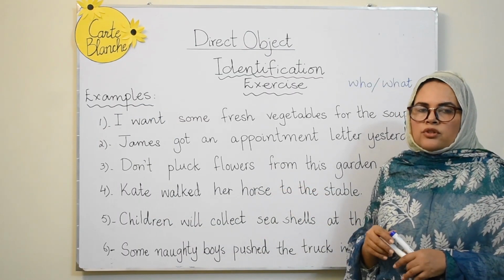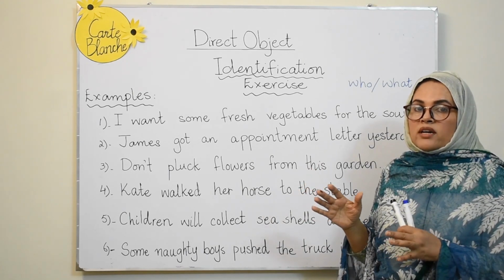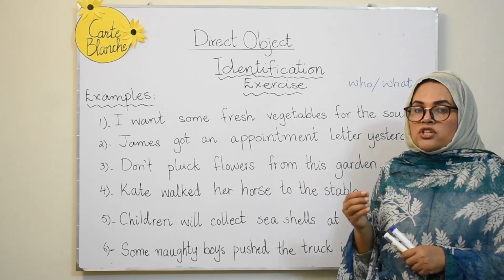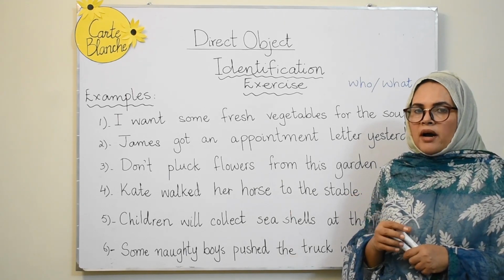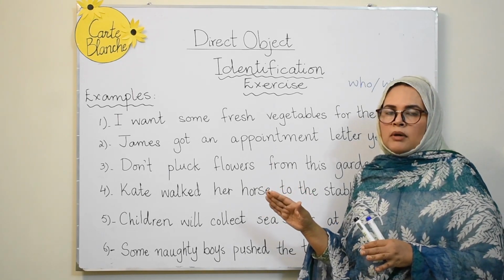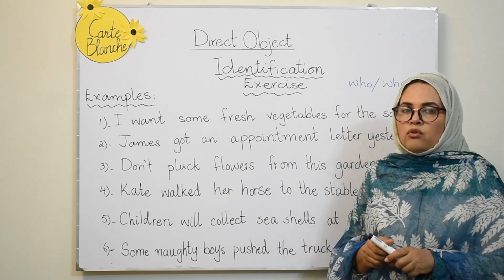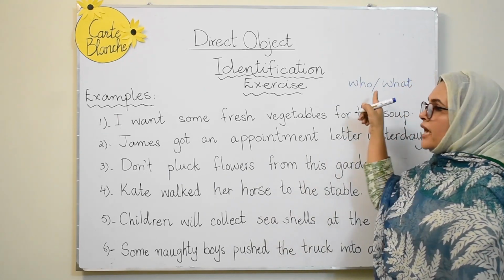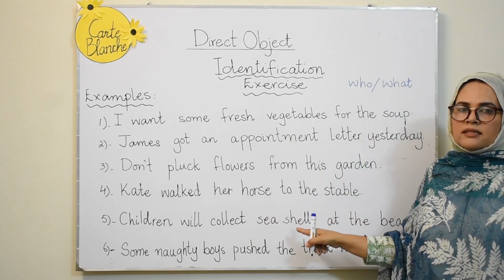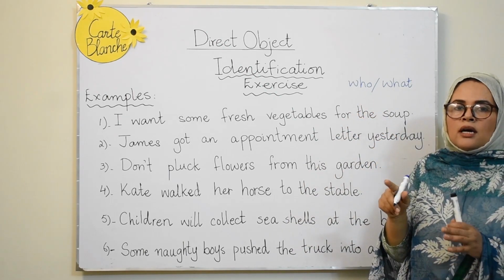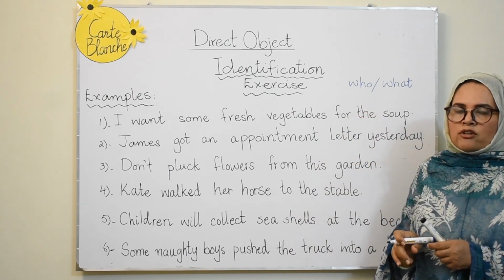Right now we are going to learn what a direct object is and how we can identify it. You just need to keep one key point in your mind: once we locate the verb, right after the verb you have to ask yourself the question: who or what? If something in the sentence answers this question, that particular phrase is the direct object.